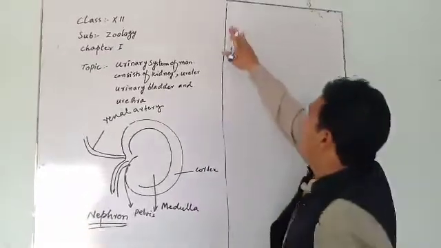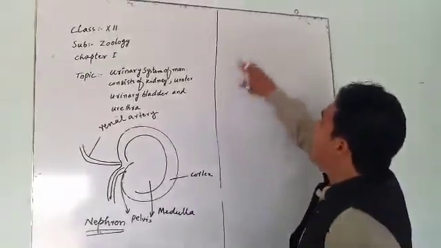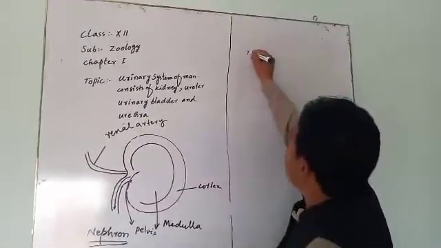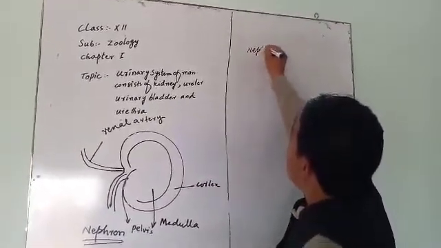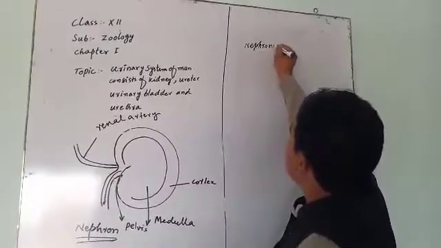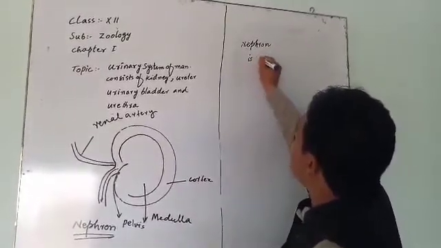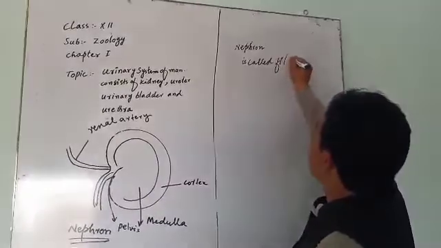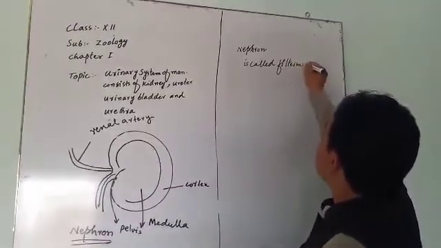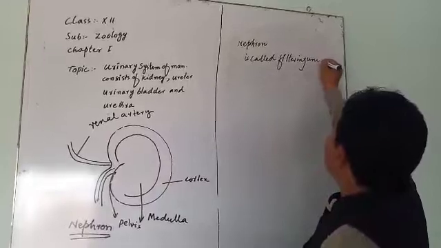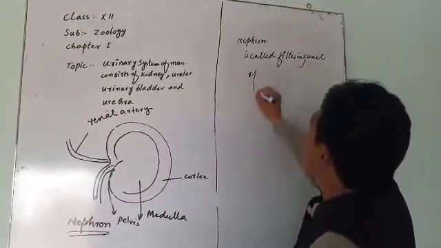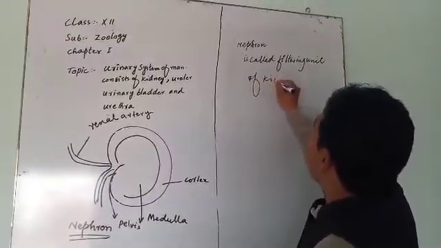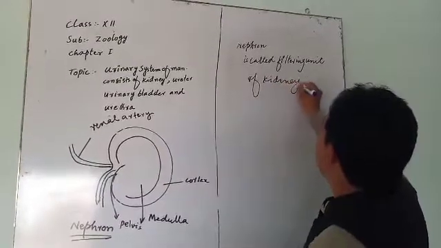Each kidney has millions of nephrons. Nephron is called the filtering unit of kidney. They filter the blood.